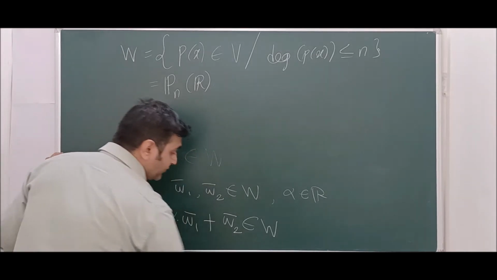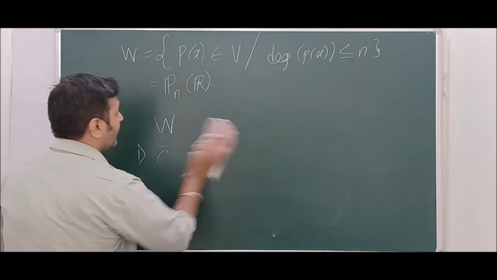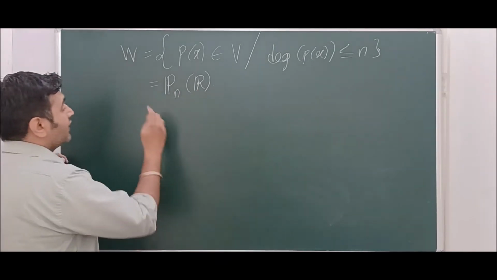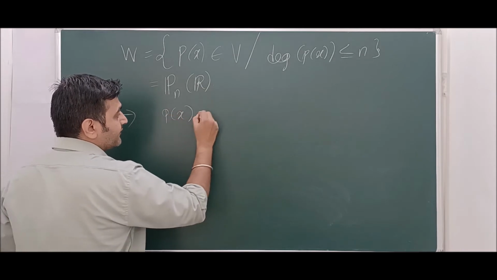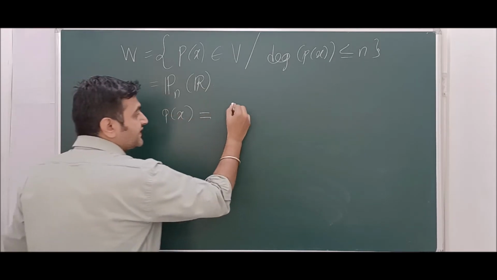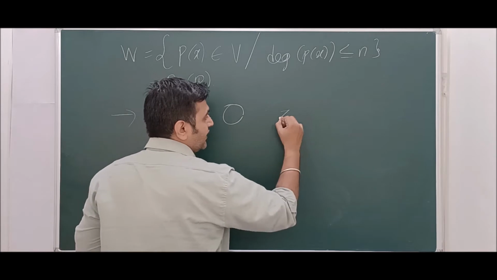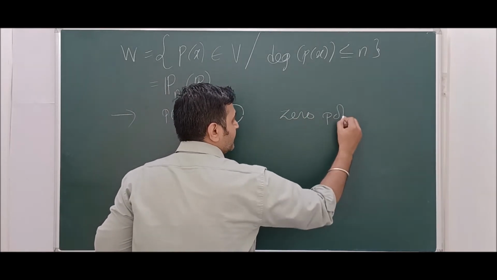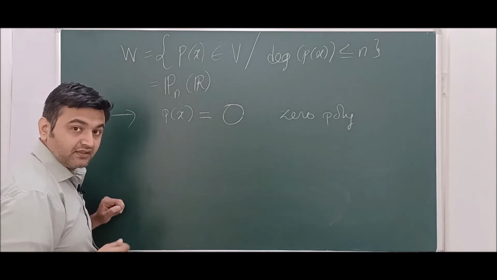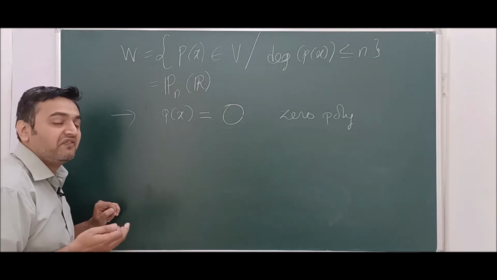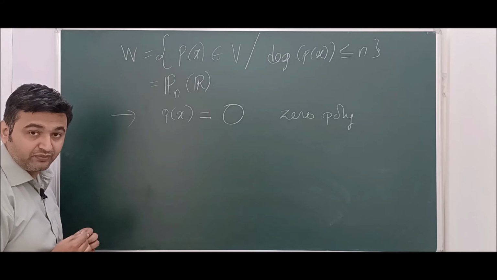Okay, so let's try to do the same thing here as well. The first thing, to show non-empty, you take the zero polynomial. What is this? This is the zero polynomial, and obviously this has degree less than n. Even before that one should ask, what is the degree of the zero polynomial?